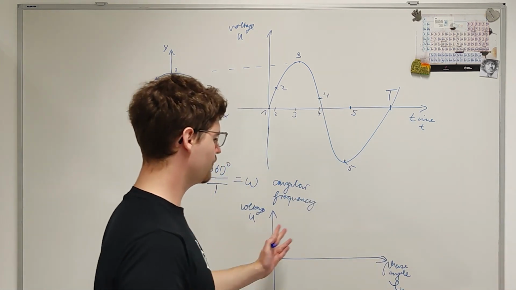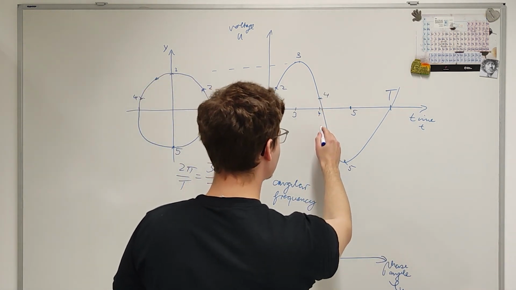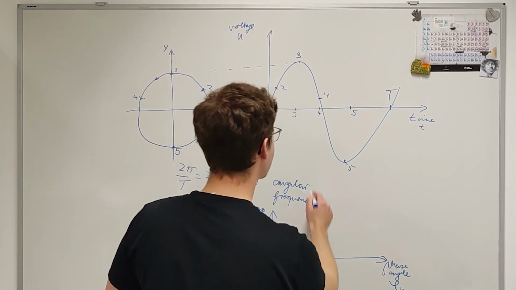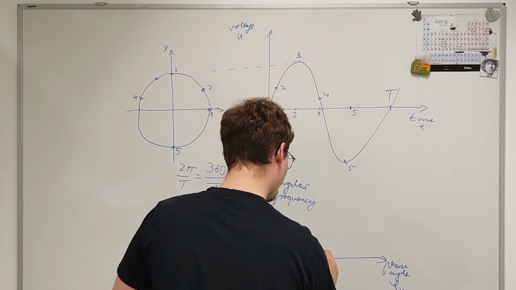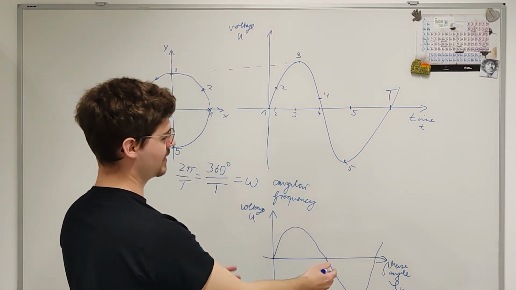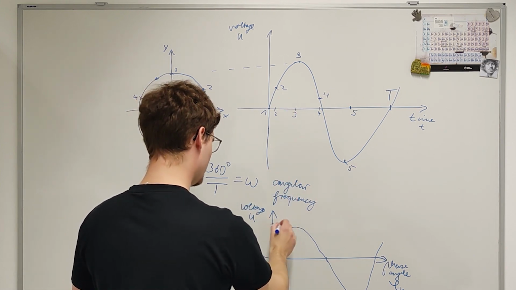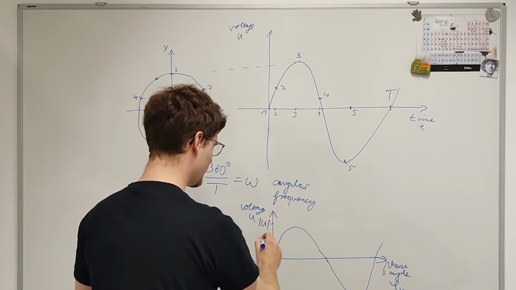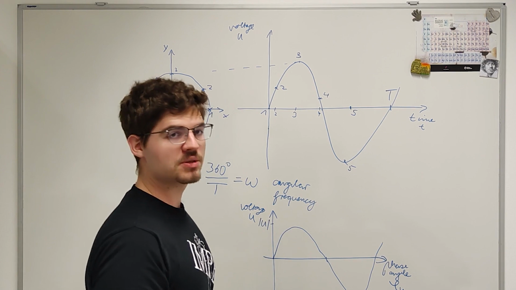You see voltage U over phase angle phi U, and we have here the intersection, here the maximum, and we will have a function that looks like this, with the same amplitude as up here, the maximum, the absolute of U, and we have here now not time values, but phase angles.